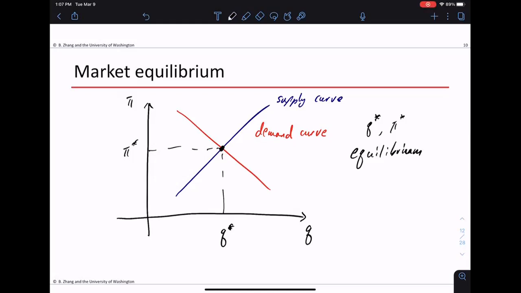But the question is, why? Why is this point good? I have two curves, and I can, of course, cross them and get a point. But why is this a point that we want to operate at? So let's look at, one, what makes this an equilibrium, and two, what makes this a good equilibrium.